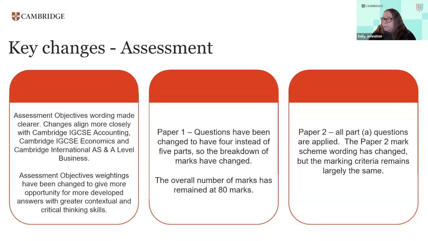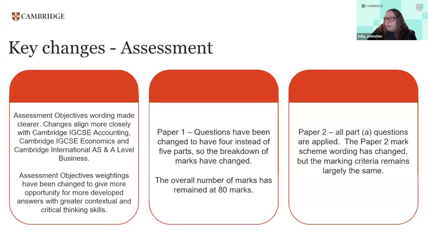In paper 1, we now have 4 parts instead of 5 parts. So the breakdown of marks has changed, but overall the number of marks has still remained at 80.